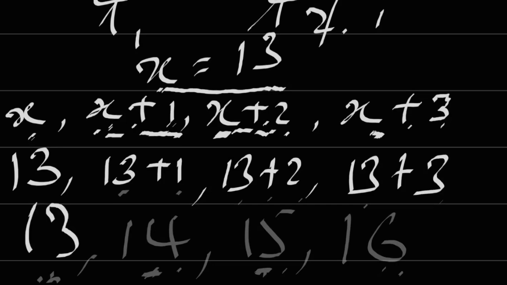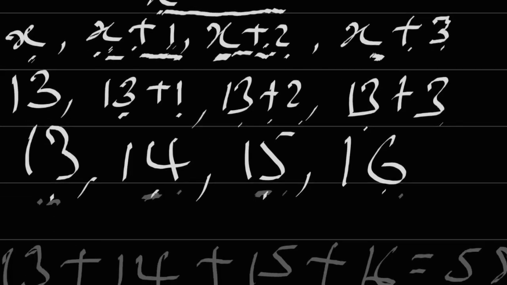This will be 13. 13 plus 1 is 14. 13 plus 2 is 15. And then 13 plus 3 is 16. So these are the 4 consecutive numbers. Are they consecutive?